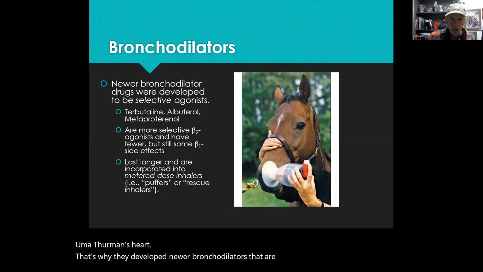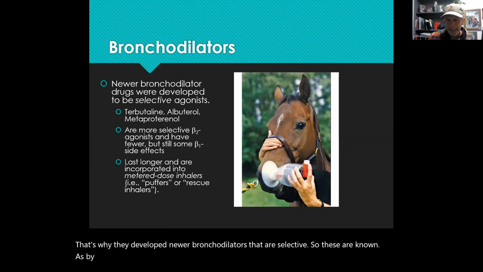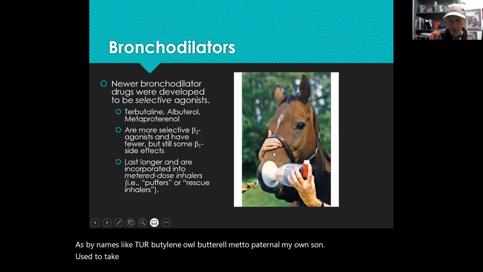So these are known by names like terbutaline, albuterol, metoprolol. My own son used to take albuterol in something like this.